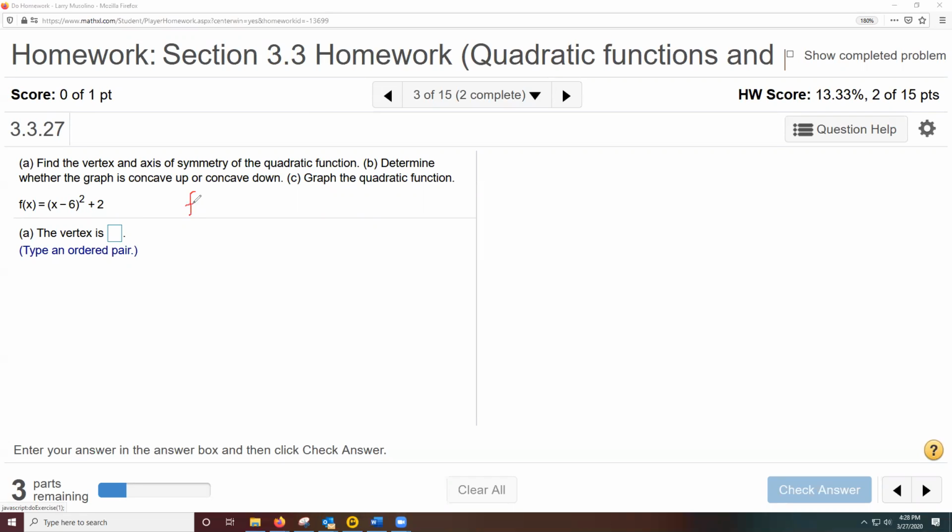So they're giving us here f(x) = (x - 6)² + 2. Well, let me compare this to that vertex form of a quadratic equation. And the vertex form looked like this. It said a(x - h)² + k.